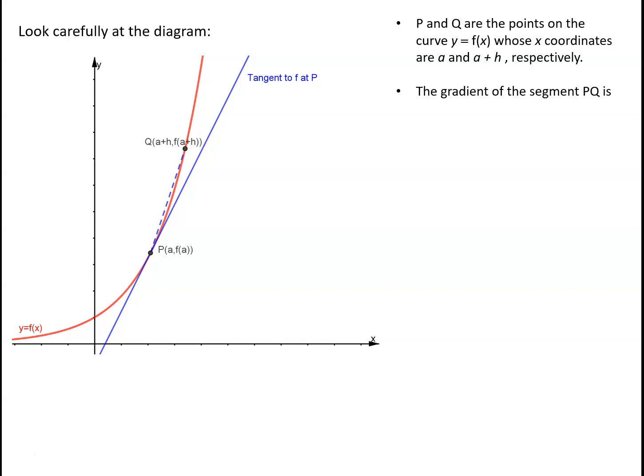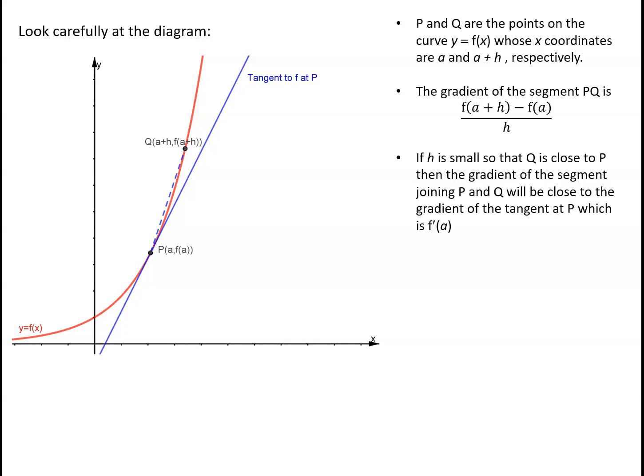Then the gradient of the segment joining P to Q is going to be the y step, which is f of a plus h minus f of a, divided by the x step, which is just h. So the gradient of the segment PQ is f of a plus h minus f of a divided by h.